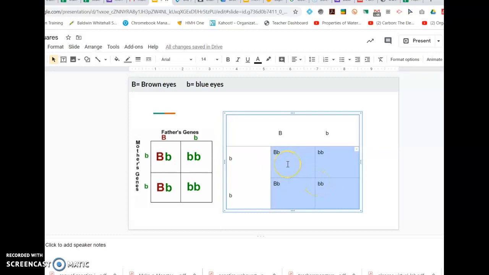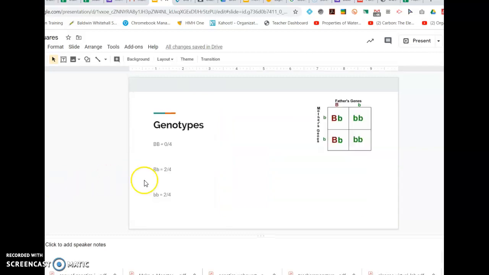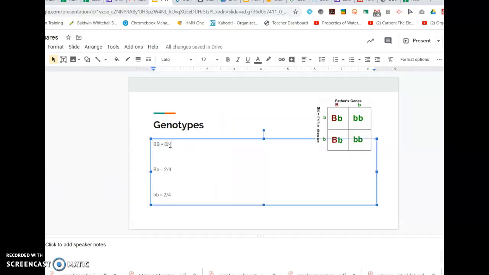We want to look at the ratios, the percents, and fractions. Okay, so then I would come over here. Here is my ratio. Notice I don't have any of the homozygous dominant offspring. I have 2/4 or 1/2 heterozygous, and homozygous recessive, I also have 2/4 or 1/2.